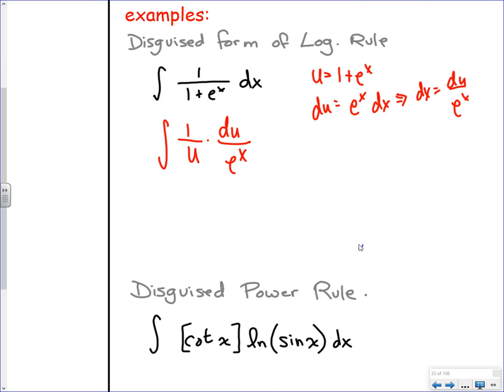Oh, it's crazy integration. Integration on track. Yep. Now you plug in u minus 1. Now, whoa.